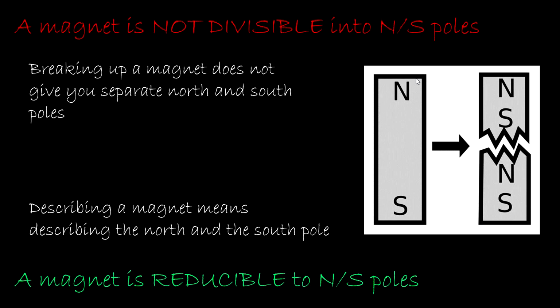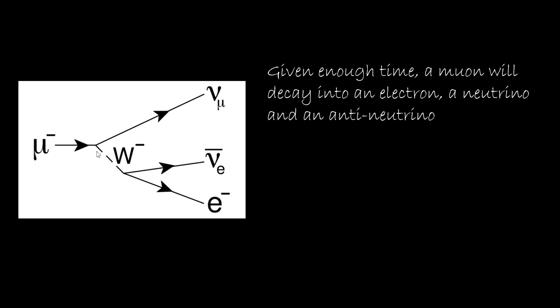So these were macroscopic examples. Now let's give two microscopic examples. Consider a muon. If you wait long enough, a muon will decay into an electron, a neutrino, and an antineutrino. We start with one particle and we end up with three particles. We are not doing the chopping this time, it just breaks apart by itself, yet at the end there is no muon, but three remnants.